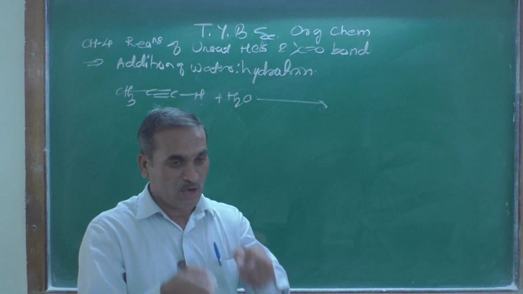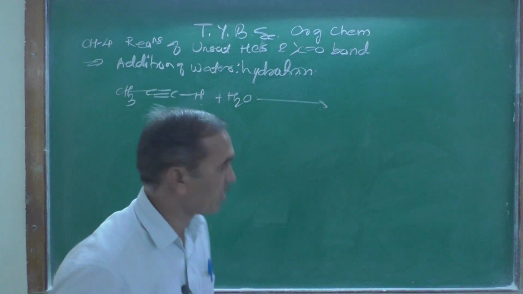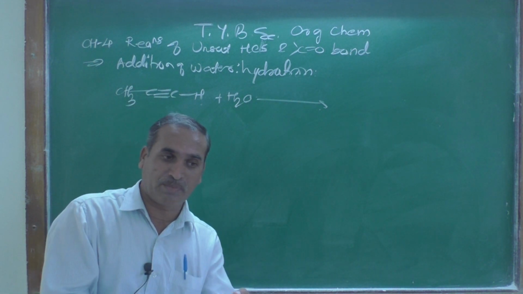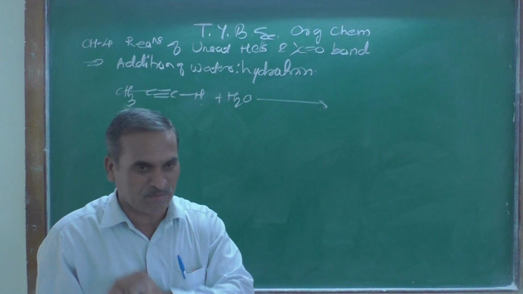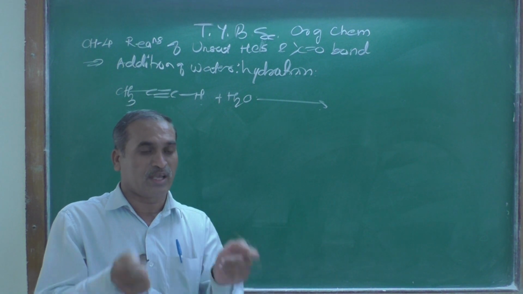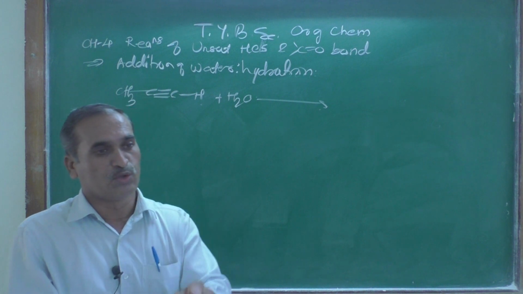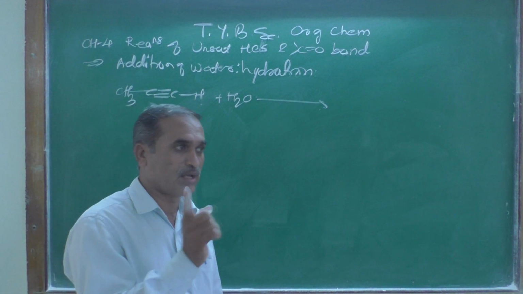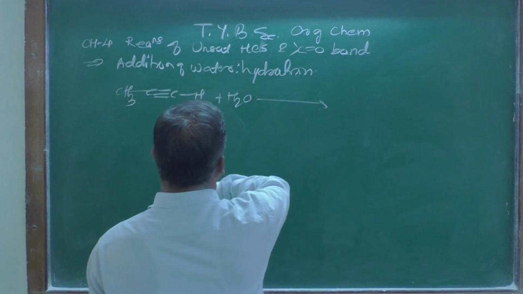I know now you are able to predict the product, right? Now predict the product. Why are you able to predict it? Because you know the mechanism, and as we know, if you know the mechanism, you can predict the product.